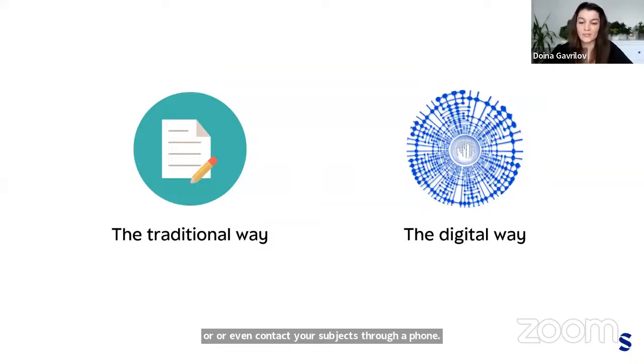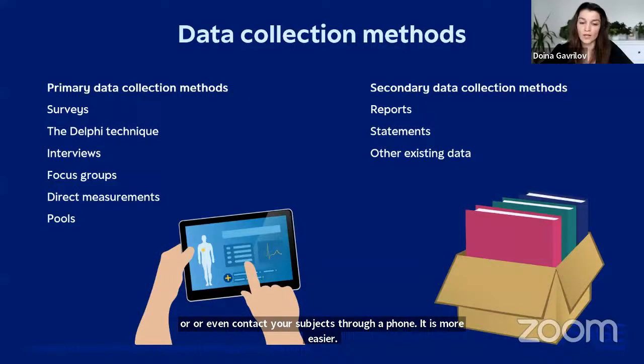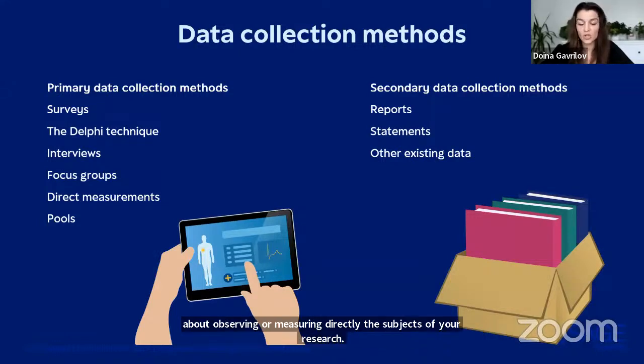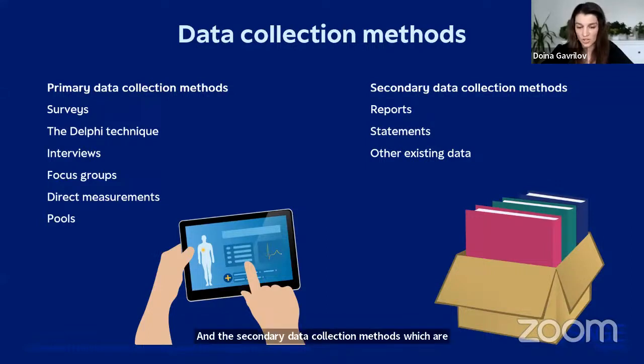It is easier for us. So starting from this, we differentiate two types of data collection methods. We have the primary data collection method, which is about observing or measuring directly the subjects of your research, and the secondary data collection methods, which are about using existing data to answer the study questions.